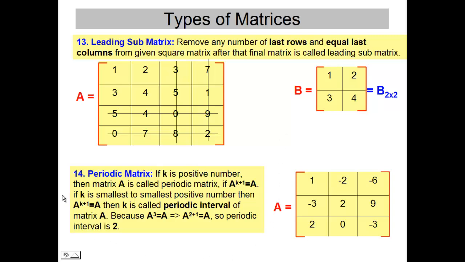Now the 14th matrix is the periodic matrix. Periodic matrix means, this is the matrix A, a simple matrix.